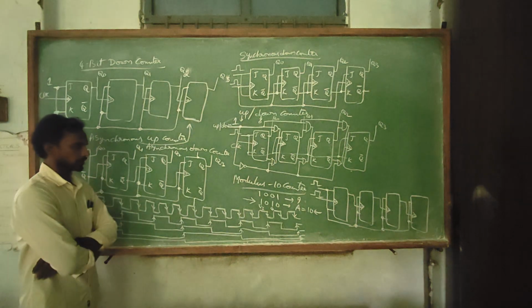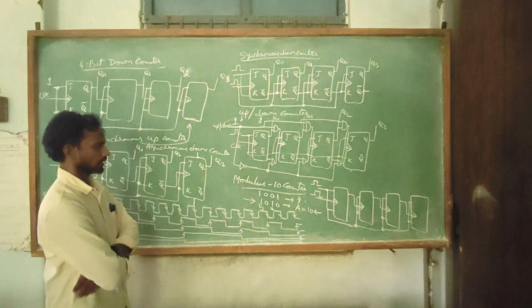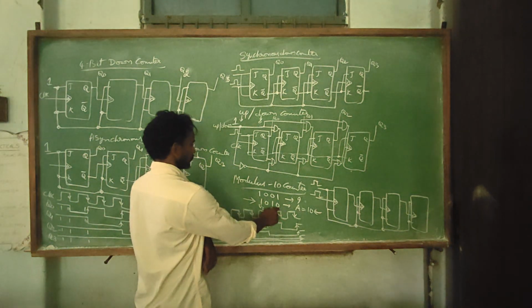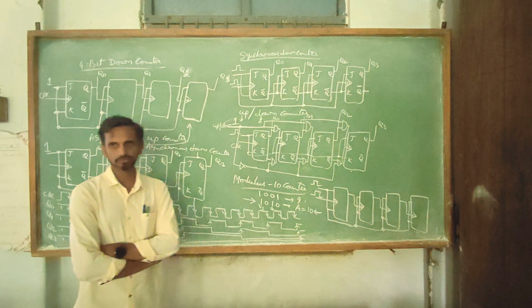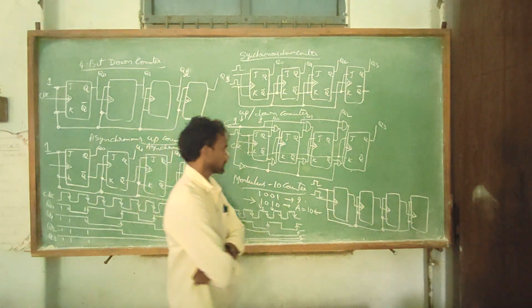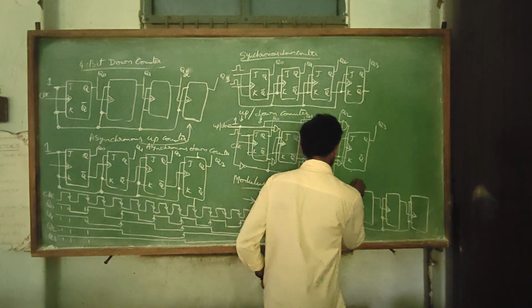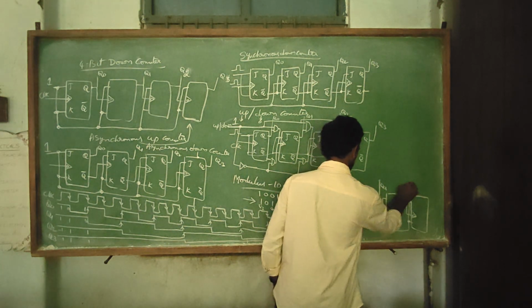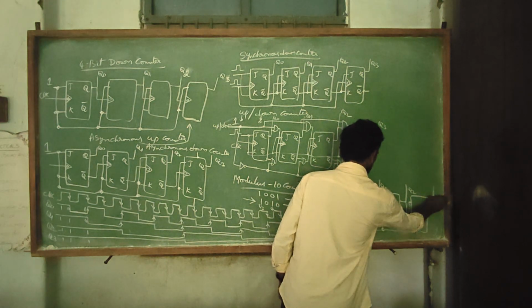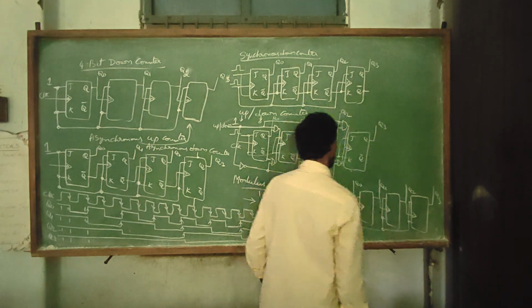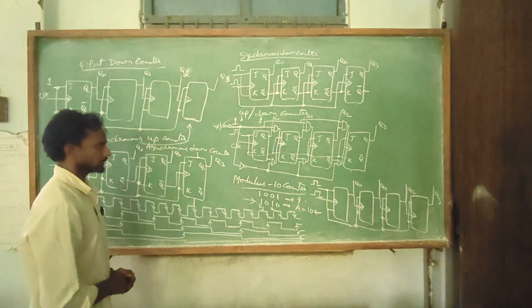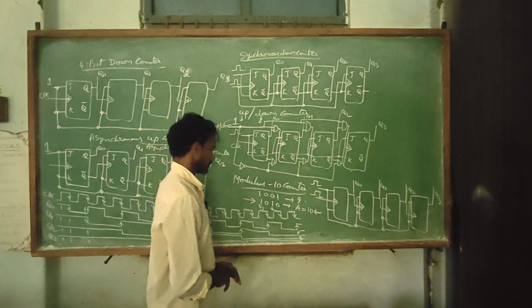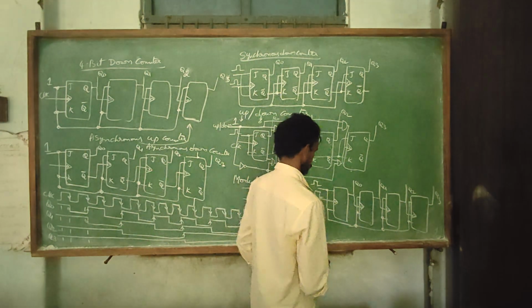When both Q3 and Q1 are 1, and Q2, Q0 are zeros. So this is Q0, Q1, Q2, Q3. So to ensure, Q3 and Q1 should be 1 and Q2, Q0 should be zeros.